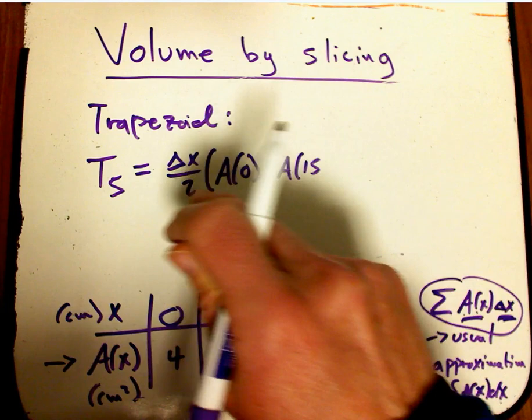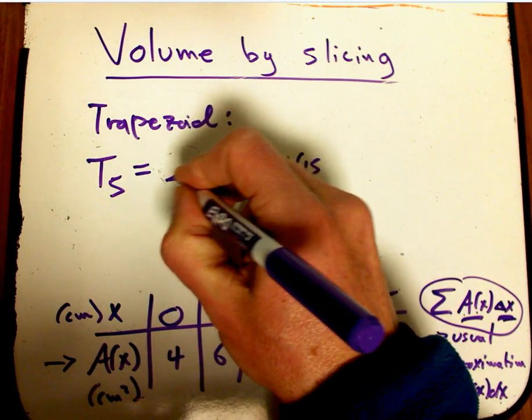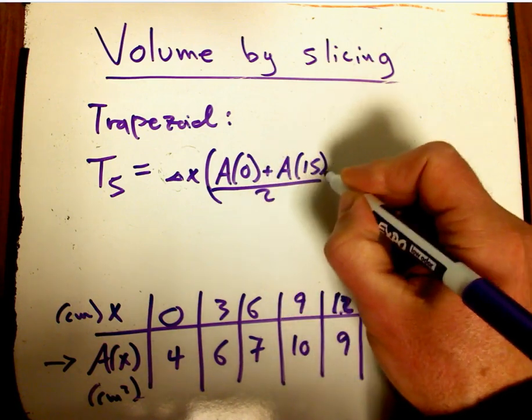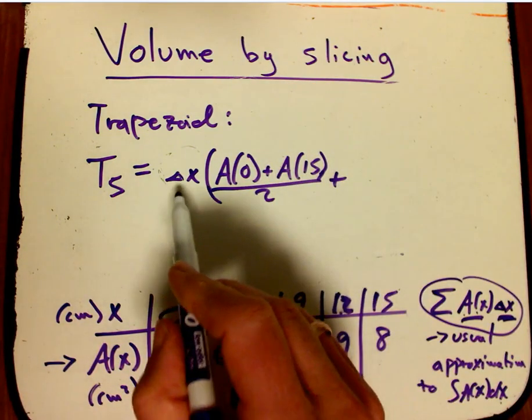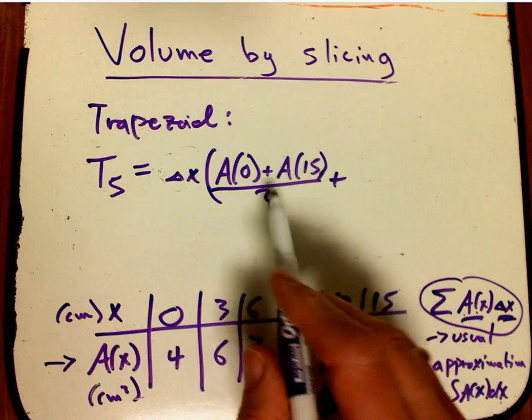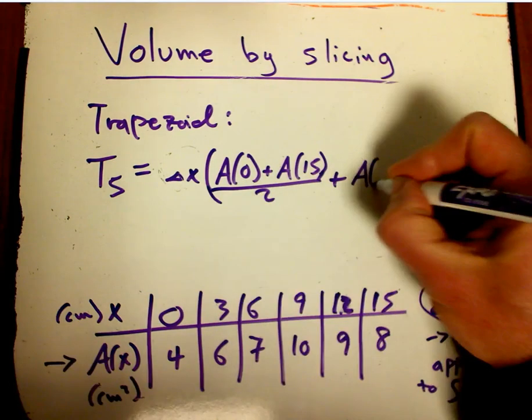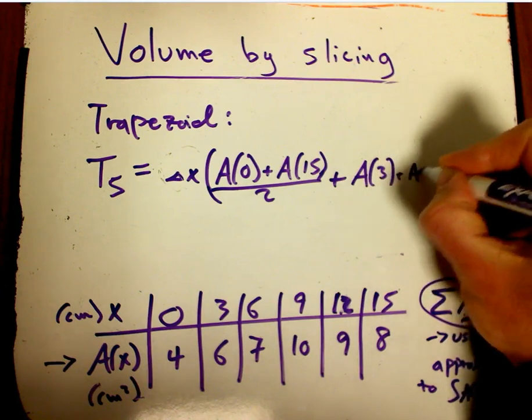Actually, let me use my preferred one. I've been looking at other people's trapezoid rules, but let's use mine, where I have delta x out here full strength, and A(0) and A(15), the first and last, get demoted to half strength, and then the other ones are full strength.